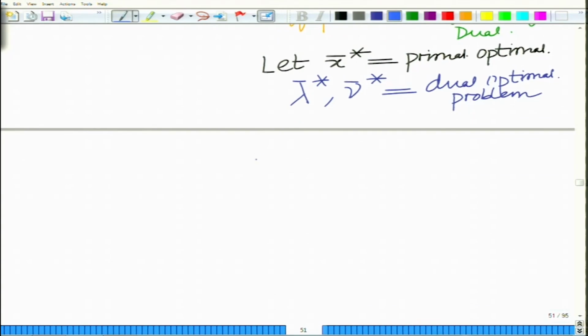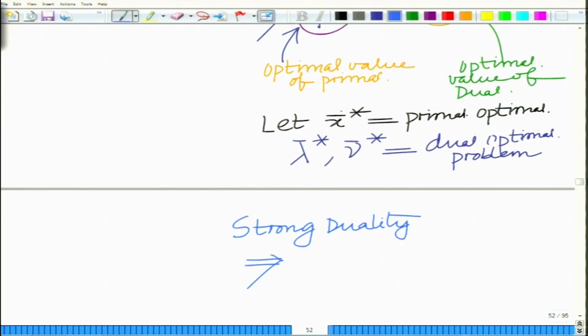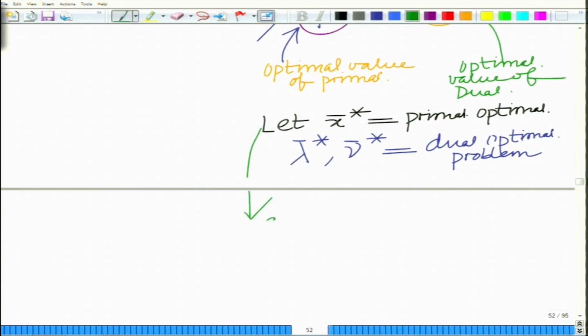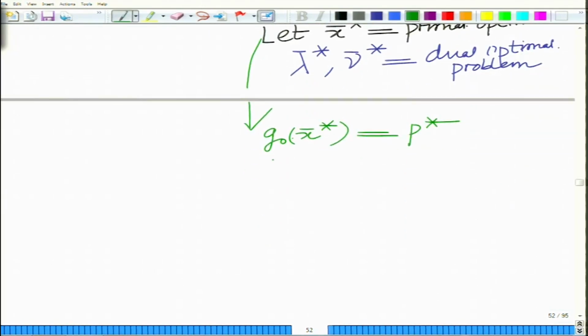Then by strong duality, if you look at the objective value G naught at x bar star, that is equal to P star, and the dual objective function at lambda bar star and nu bar star is the dual optimal value, that is D star, the optimal value of the dual optimization problem.